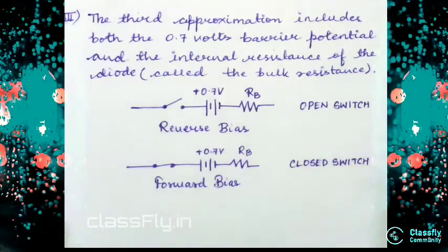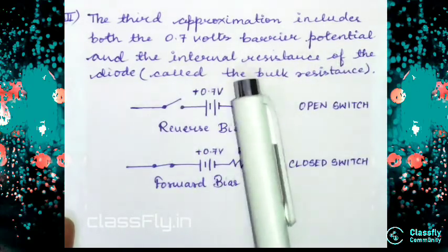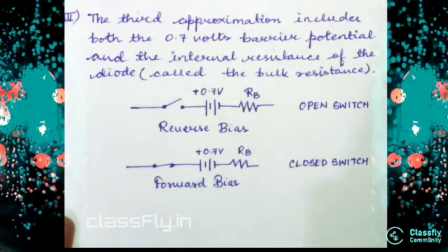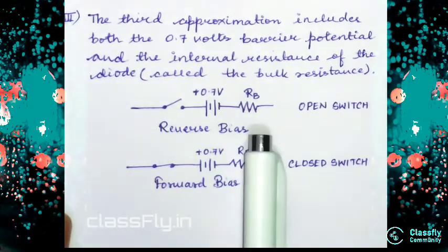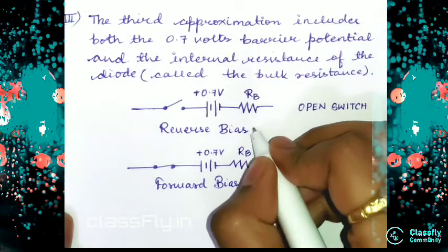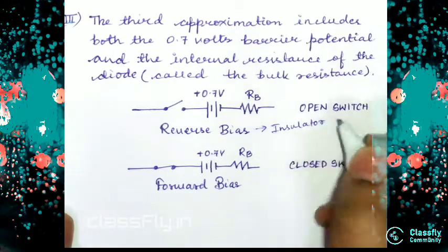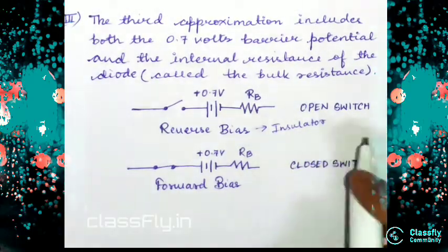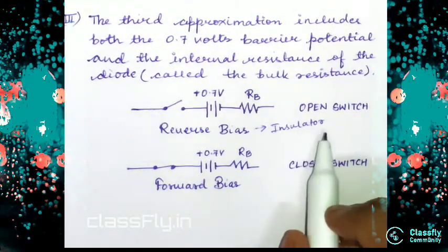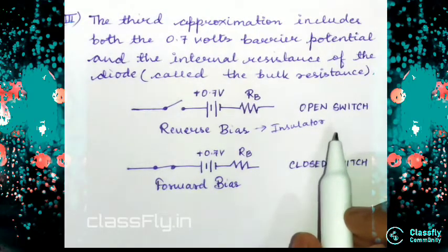The third approximation includes both the 0.7 volts barrier potential and the internal resistance of the diode, called the bulk resistance. Whenever it is reverse biased, it will be an open switch. Reverse bias means insulator, which means the resistance will be infinite but the current will be zero.